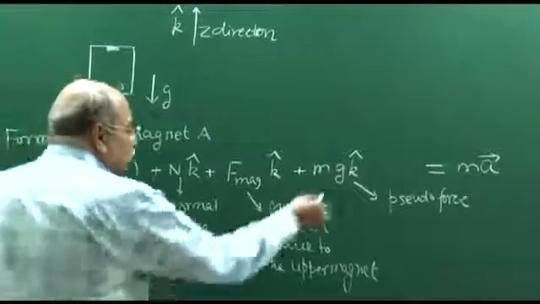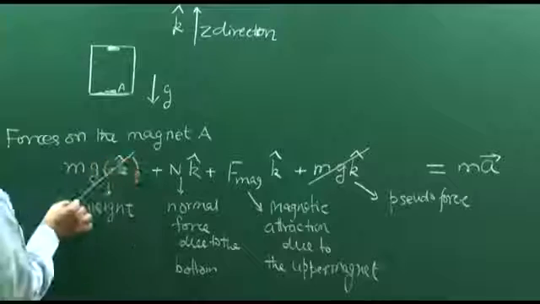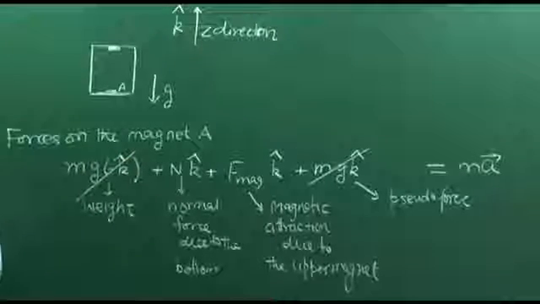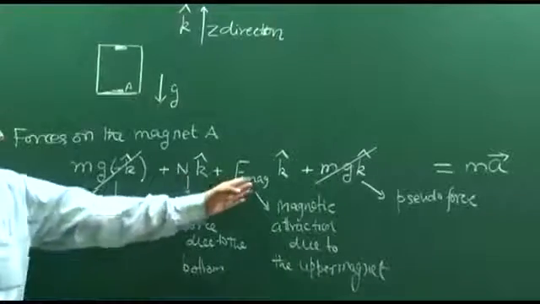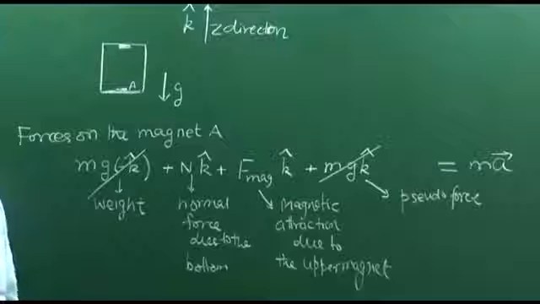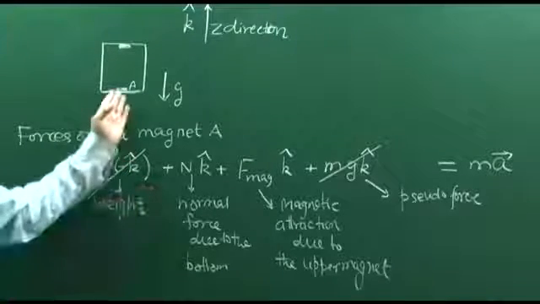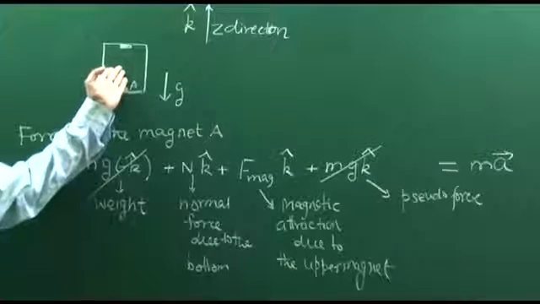Now you can see that the pseudo force in this case cancels with the weight, and then you have only these forces, normal force and magnetic force, and both are upward, and therefore this magnet should go up, it should accelerate in upward direction.